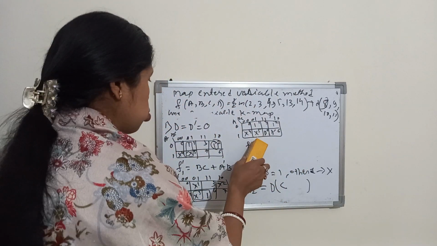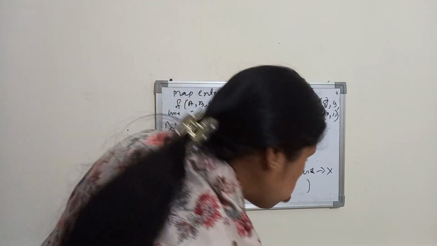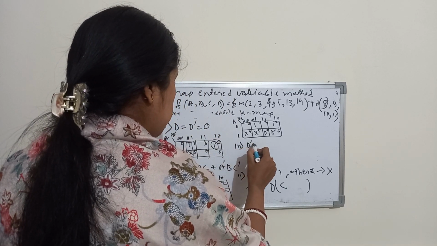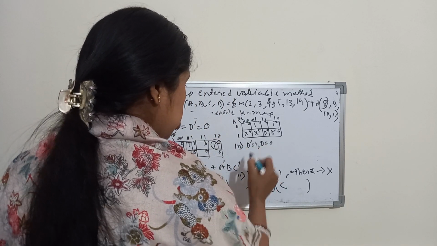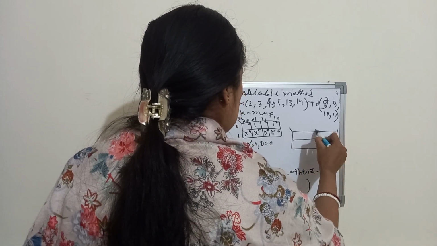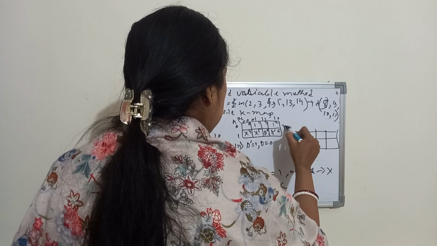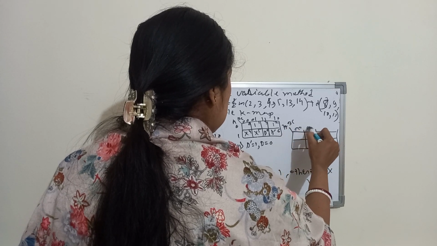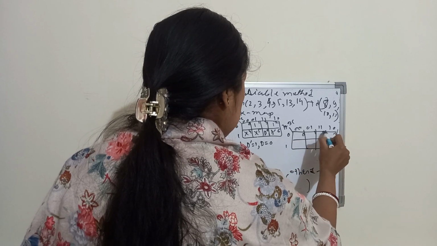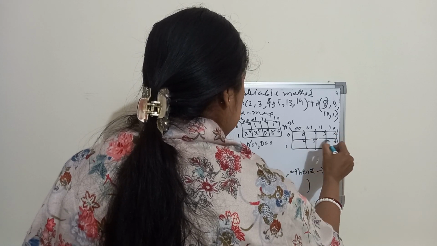Now come to the fourth one. Sorry, in the third K-map, d prime is 1 and d is 0. I am drawing the K-map here. A, B, C, 0 0, 0 1, 1 1, 1 0, and 0 1, with cells 0, 1, 2, 3, 4, 5, 6, 7.